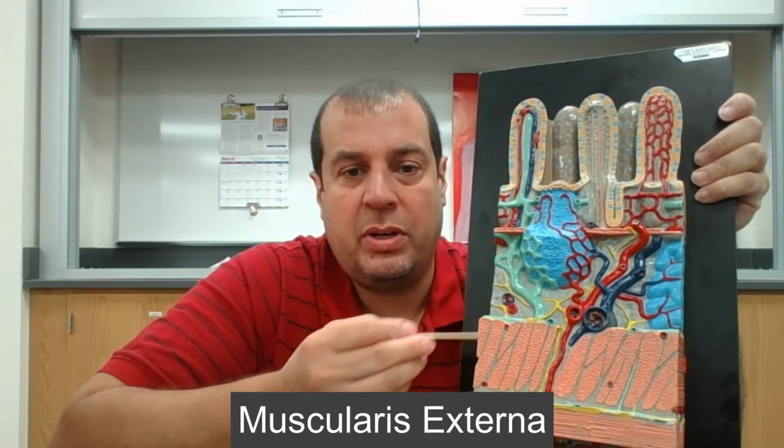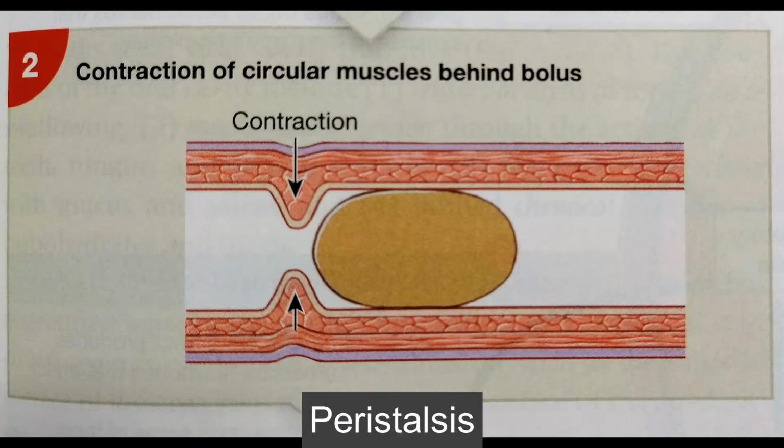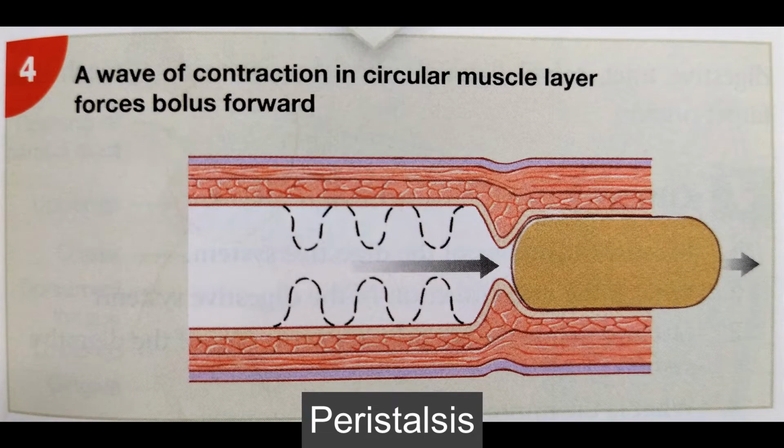These two layers right here. The muscularis externa is smooth muscle that goes behind the food, and with peristalsis it moves the food from behind and pushes it forward, and it does it in segments, in sections.